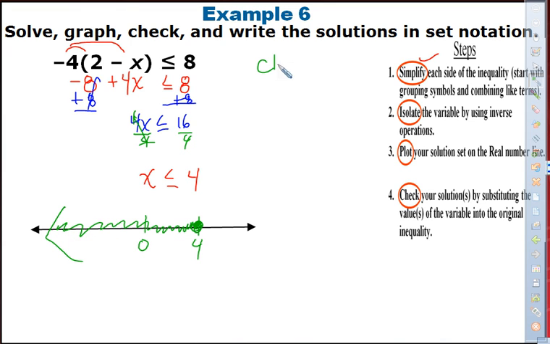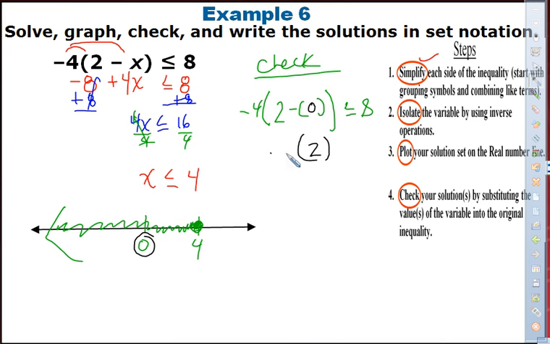And then we check our work to make sure we got it. Negative 4, parentheses, 2 minus a parentheses for the x, less than or equal to 8. I'm going to choose an easy number here. What would be an easy number? 0. Let me simplify inside of the parentheses. What is 2 minus 0? 2.